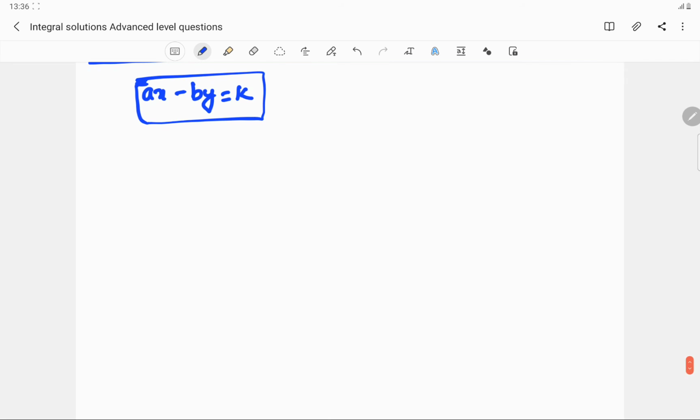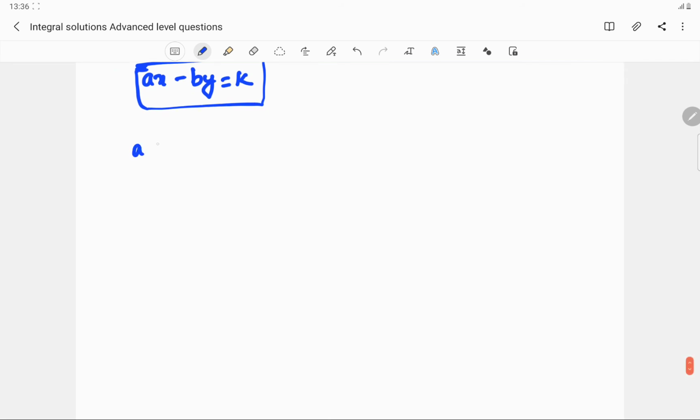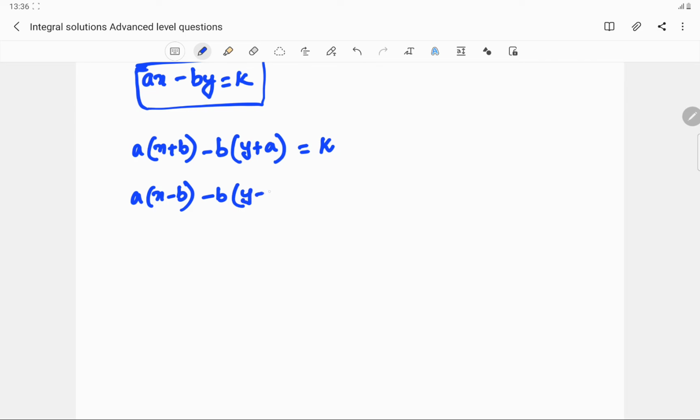So suppose if x increases by b, then y should also increase by a, and if x decreases by b, then y should also decrease by a.